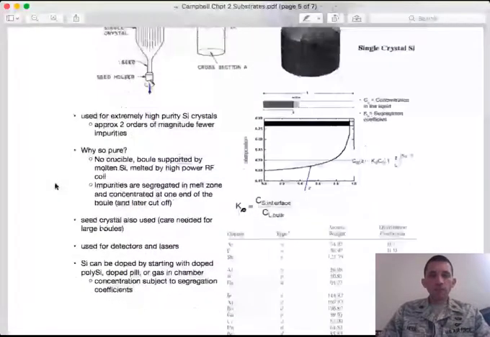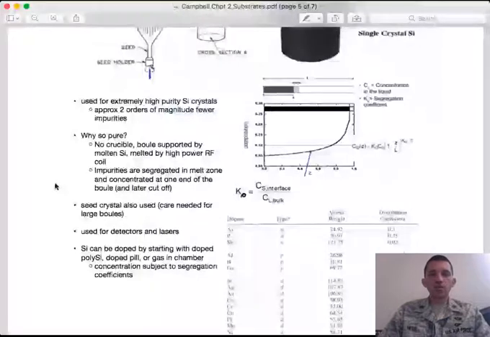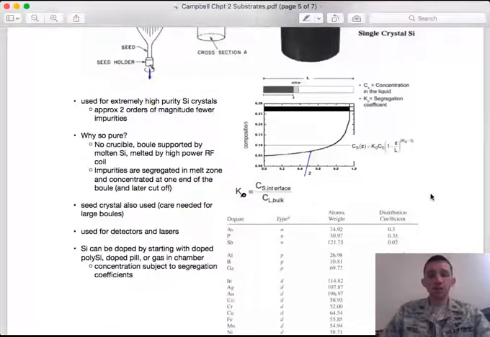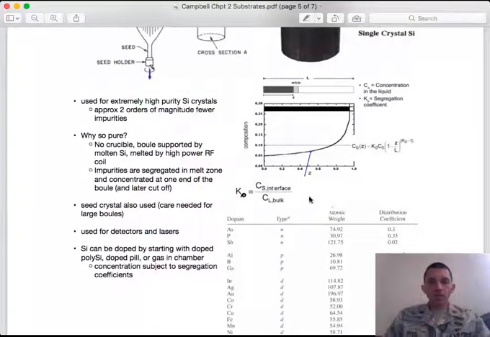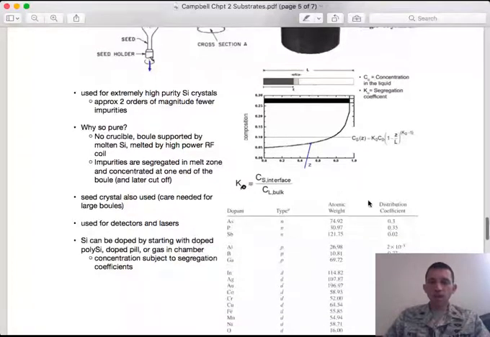And part of the reason why you get such a high purity is because of the tendency for impurities to segregate. The distribution across a solid-liquid interface of a particular impurity in silicon is not equal. This is called the segregation coefficient, K, and it's defined as the concentration in the silicon, or the solid, over the liquid, right?